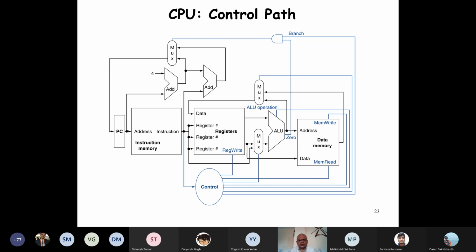So this is the overall control here through the control signals like register write or read, memory read or memory write, etc., and also setting the multiplexers. All this is the work of the control, and all these blue lines we call the control path. So the data path and the control path together form the overall processor design. We will see more details of this as we proceed from now.